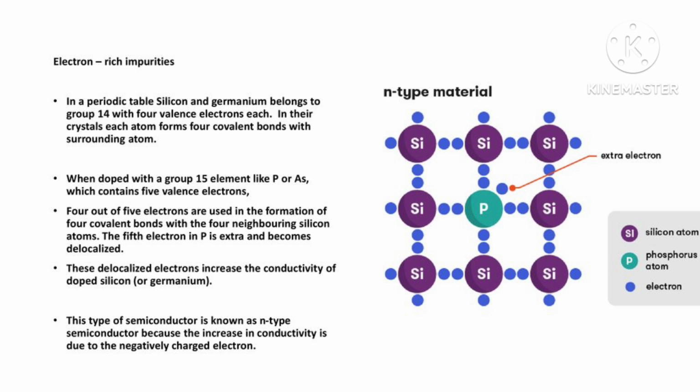Bohr magneton is equal to 9.27 into 10 to the power minus 24 A m square, ampere meter square. Okay, not 24, 34. 9.27 into 10 to the power minus 34 A m square.